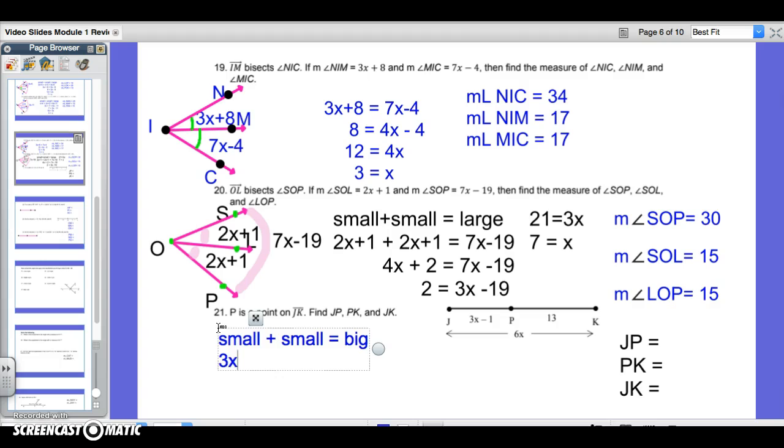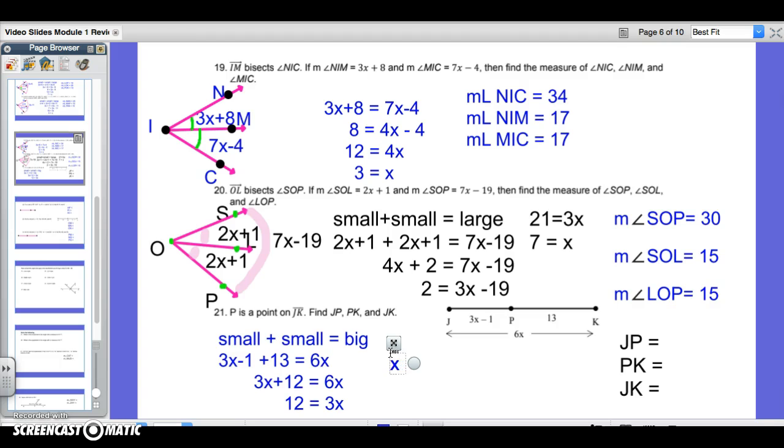So 3x minus 1 plus 13 equals 6x. So we have 3x plus 12 is equal to 6x. Subtract the 3x from both sides, and we have 12 is equal to 3x. Divide by 3, and we get x is equal to 4.